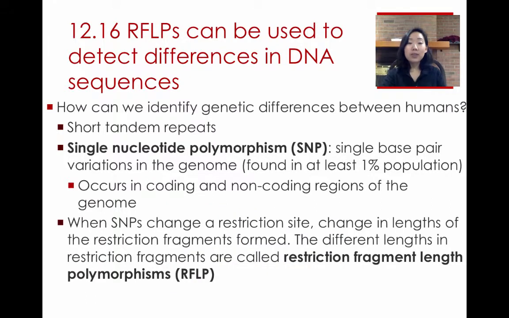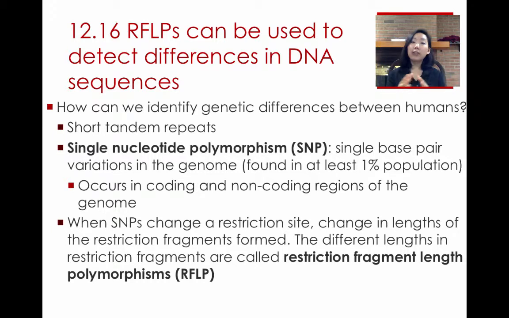Well, it is, because one different base pair can change the restriction site, since it's changing the sequence. Where a restriction enzyme would normally cut may be different between individuals because of that one nucleotide difference. And when you change the restriction sites, you change the length of those restriction fragments.